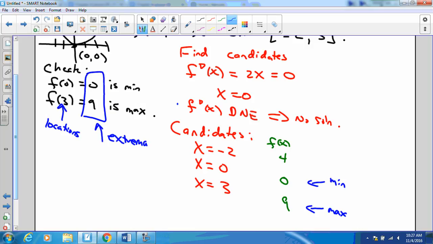The max of f is 9 at x equals 3. So the preferred way of stating this is f of 3 equals 9 is the max. This is the preferred language because it gives you the max value and the location at the same time. Does that make sense to everybody so far?